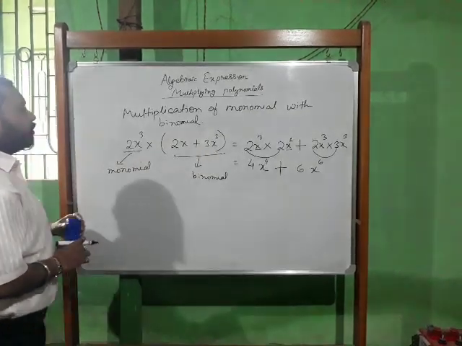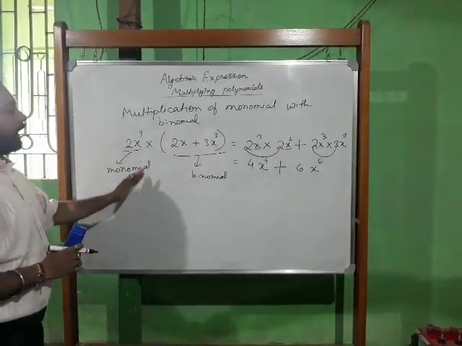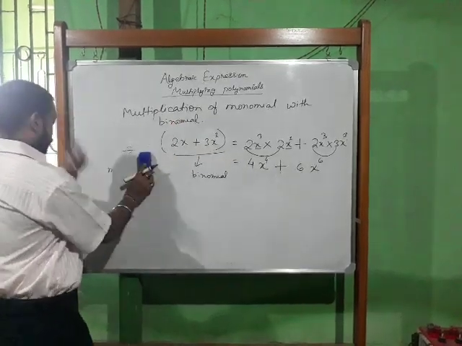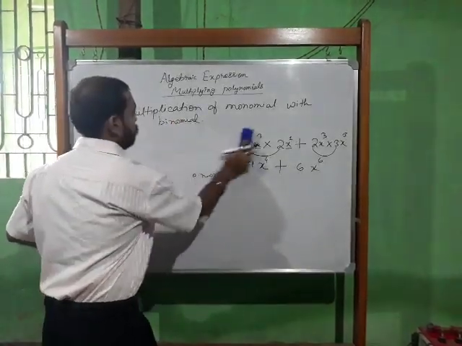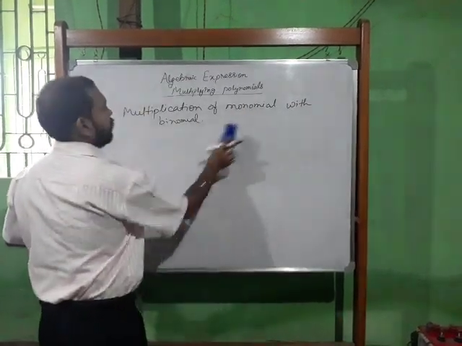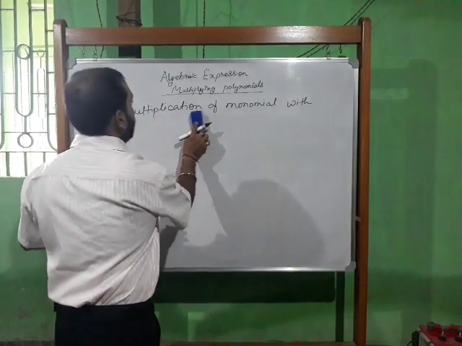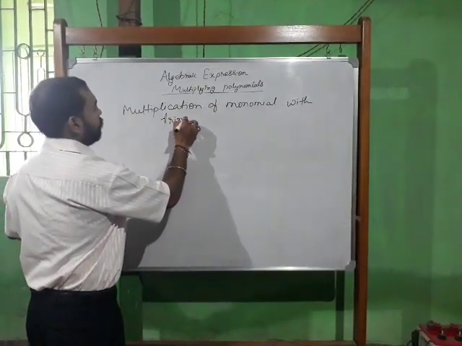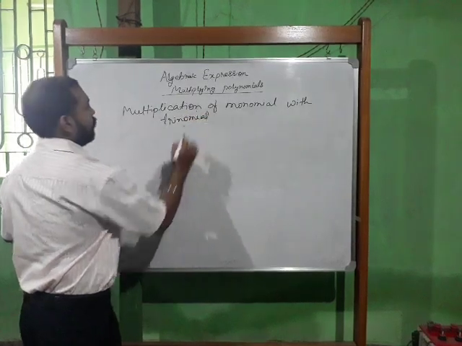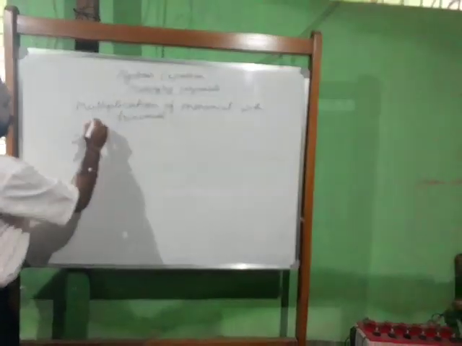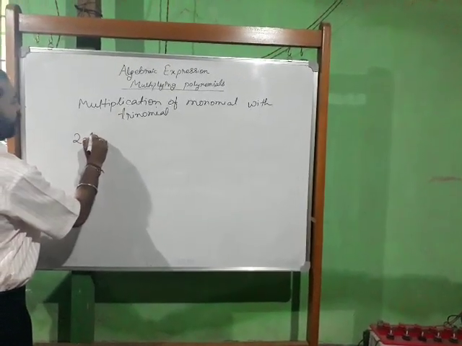Now let us see how you can multiply a monomial with a trinomial. Trinomial means there will be 3 terms. So the monomial is 2x square.